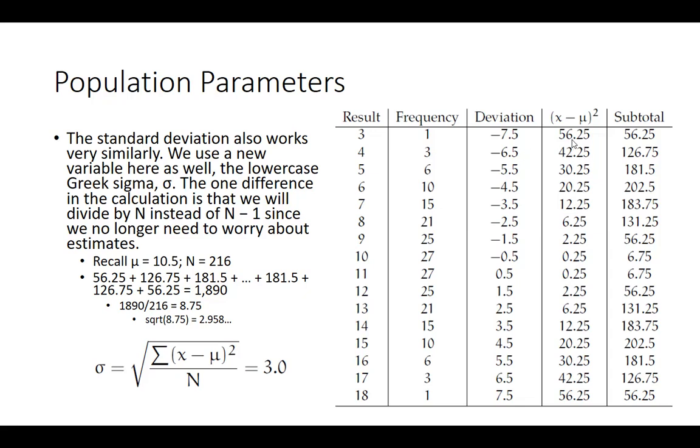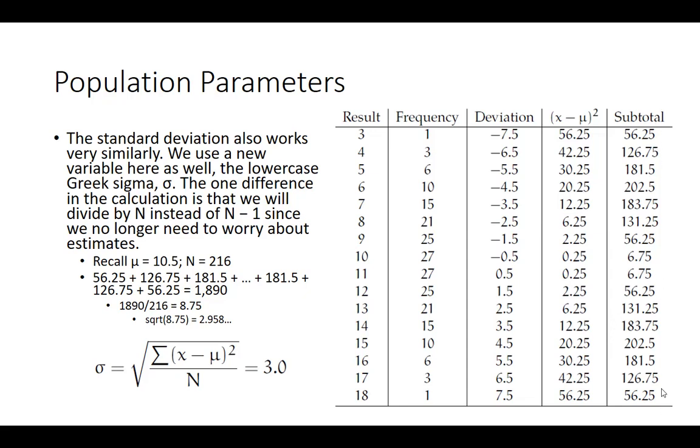So we have to multiply. 56.25 times the frequency of 1 is 56.25. 42.25 times the frequency of 3 is 126.75. 30.25 times the frequency of 6 is 181.5. 20.25 times the frequency of 10 is 202.5, and we keep going with our squared deviation times our frequency equaling our subtotal, all the way to 56.25 times the frequency of 1 is 56.25.